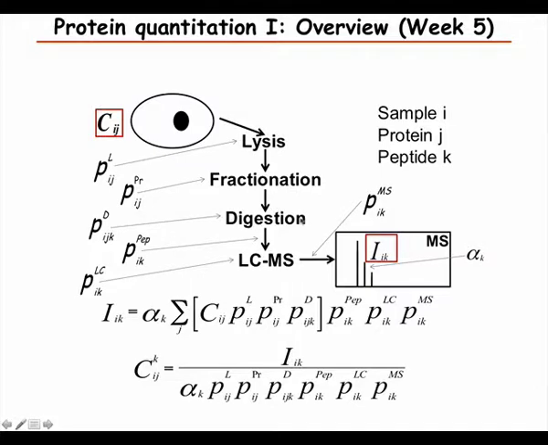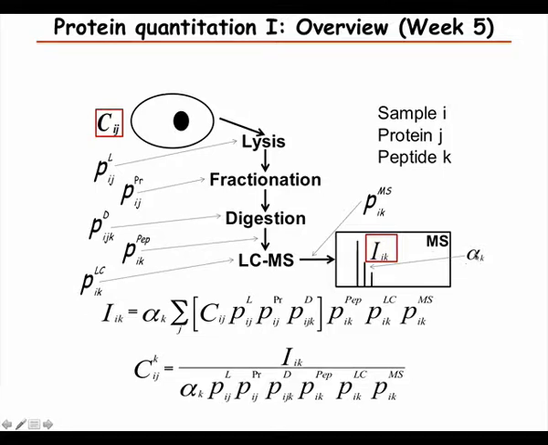And then we have the digestion step, where the digestion efficiency can vary quite a bit depending on the local sequence around the digestion site. And of course, the conversion of the peptide into a signal is very different for different peptides.